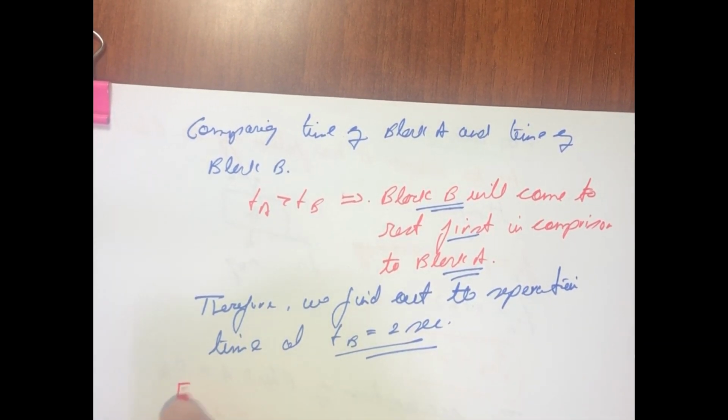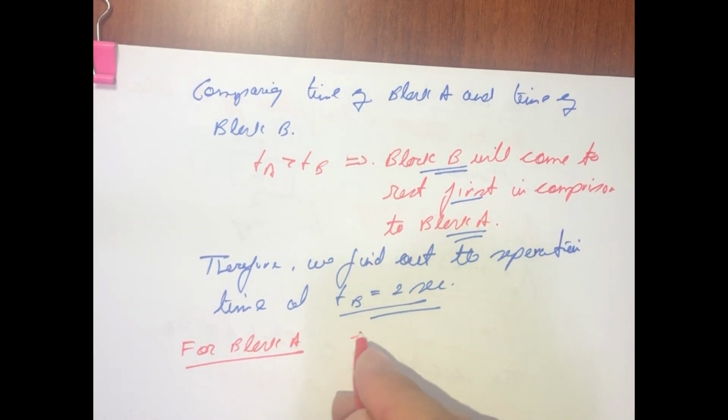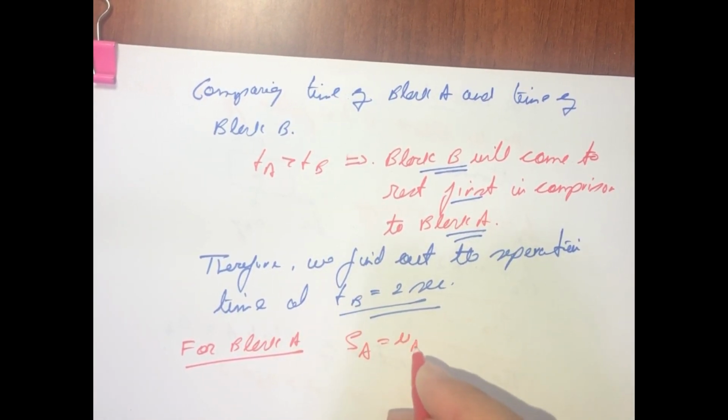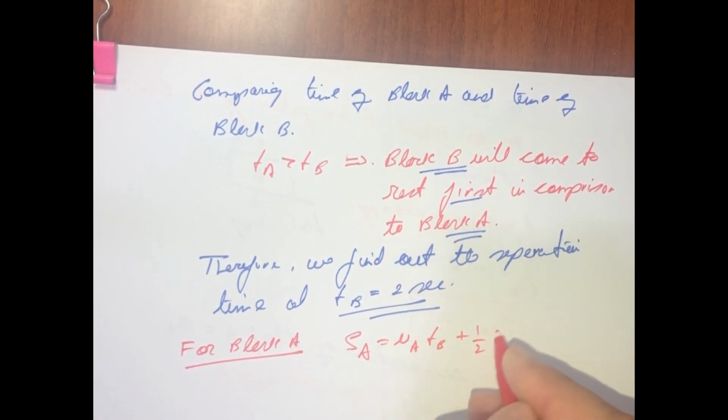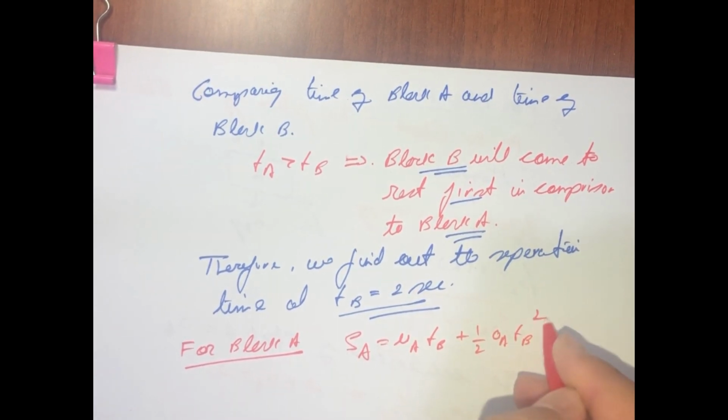For block A, SA is equal to UA TB plus half AA TB square.